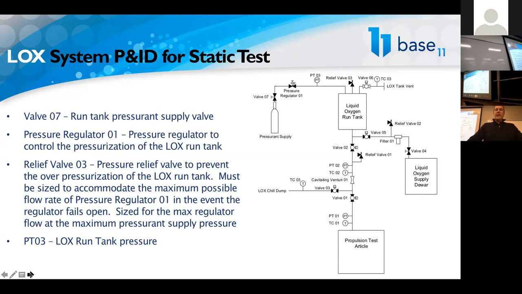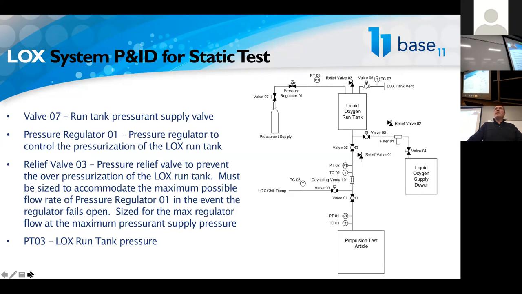The pressure regulator that is supplying pressure to your LOX tank, I've identified as pressure regulator 1. The relief valve then, so now we've got a source of pressure coming into the tank. We're going to close the chill valve or the vent valve to build pressure. We're going to need a relief valve to make sure that tank doesn't get overpressurized.